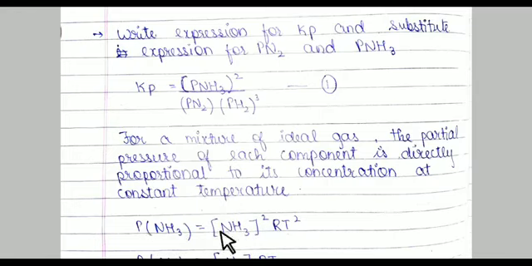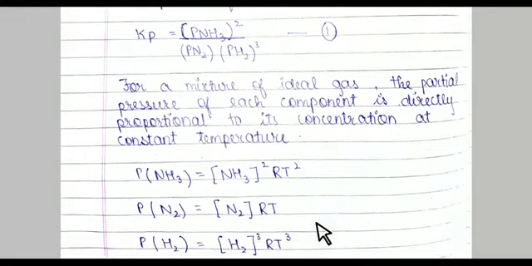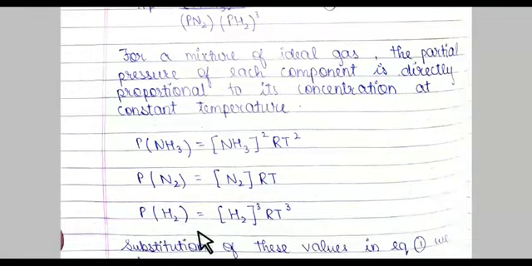Partial pressure of ammonia is equal to concentration of ammonia, and the quantity of ammonia is 2, so it is raised to 2, RT squared. Similarly, partial pressure of nitrogen means concentration of N2 times RT. Partial pressure of hydrogen means concentration of H2 cubed, RT cubed.